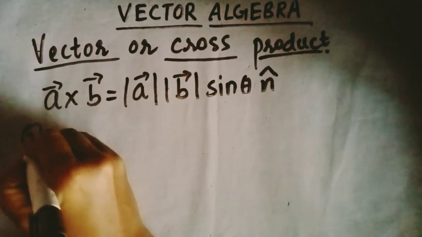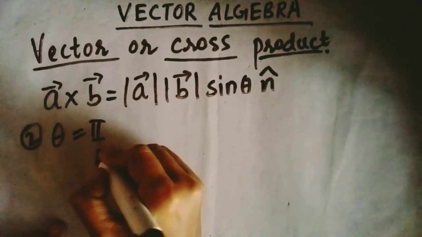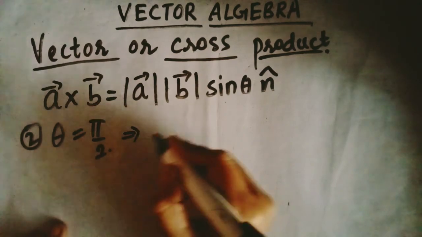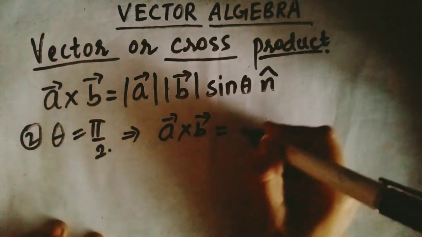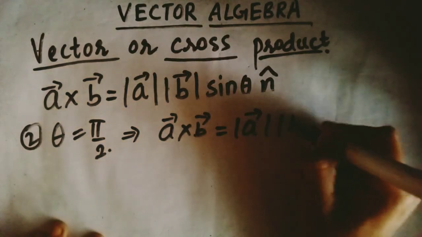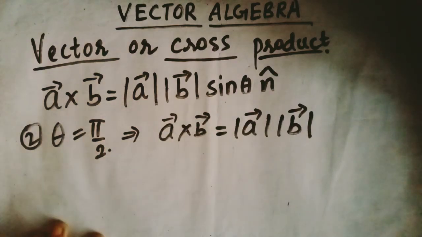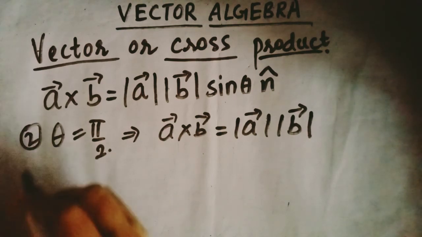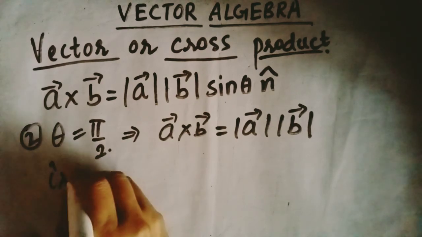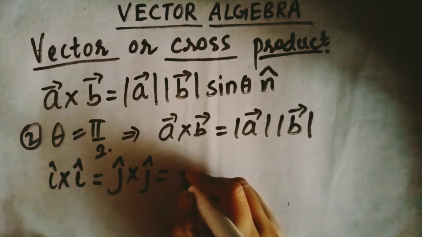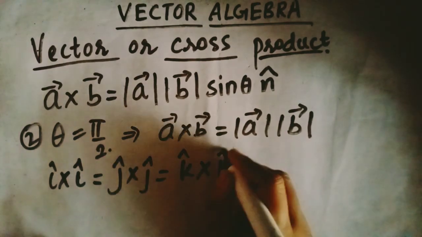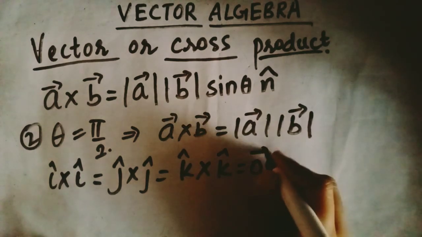If theta is pi by 2, that is 90 degree, then cross product is, sine pi by 2 is 1, so it becomes A into B. Now in terms of our mutually perpendicular unit vectors, I cross I, then J cross J, and K cross K, this will be 0 vector.